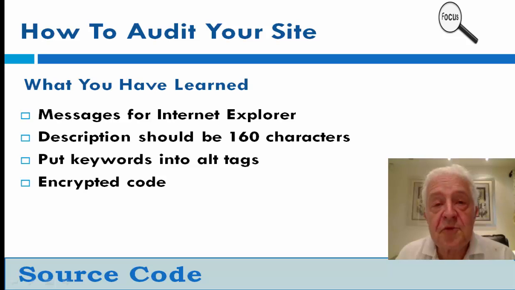Is your description the correct length? You have 160 characters to use, so are you using them properly and effectively? Are your images properly named and described in the alt tags? And are there any funny codes on your website?